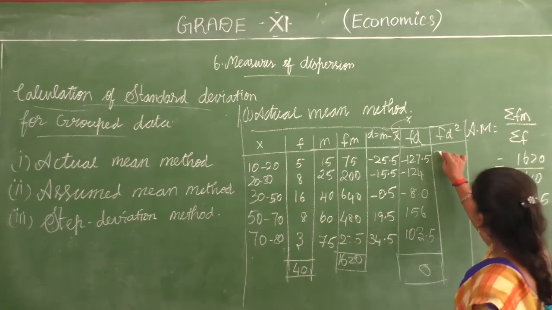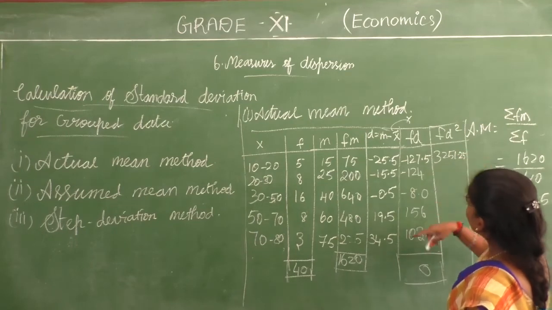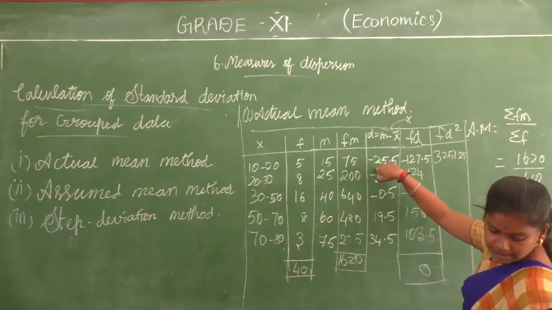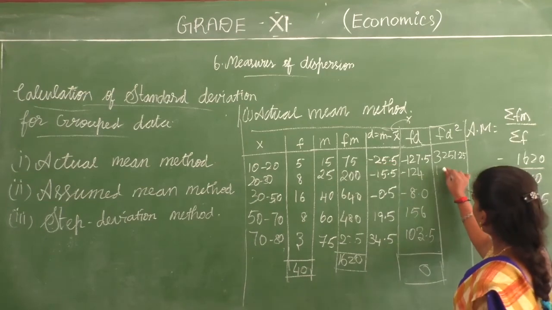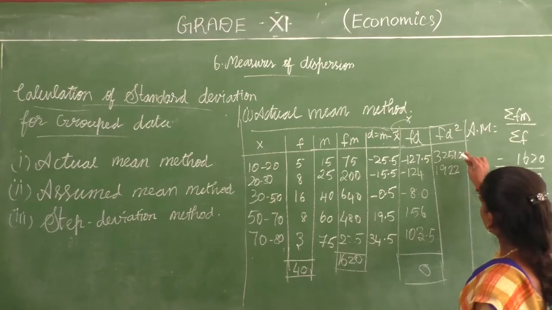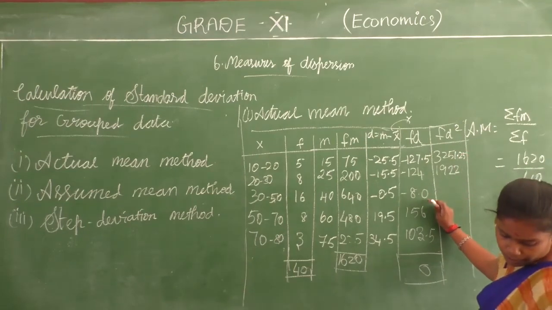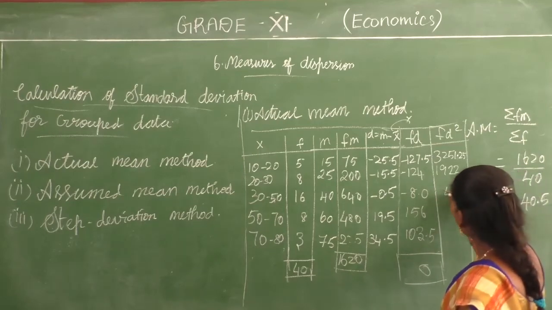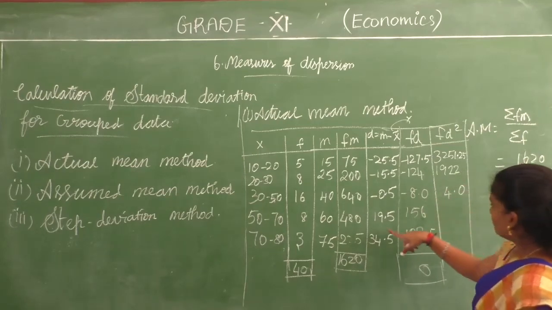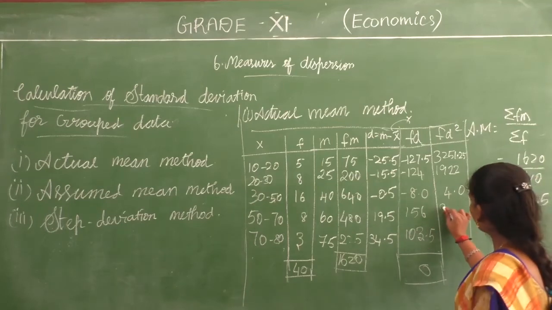And what are the values that we will get? So we get 3251.25 because minus into minus becomes plus. Then we have 1922. Okay. Then minus 8 into minus 0.5 will get 4. 19.5 into 156 is 3042.